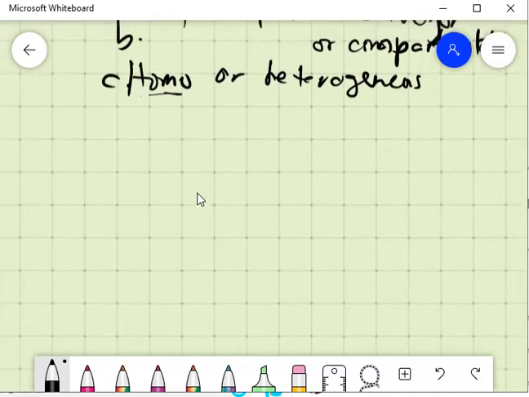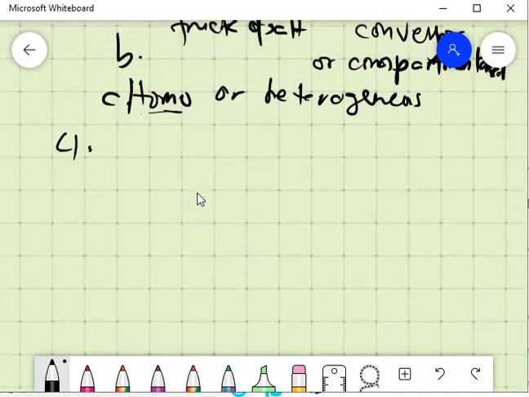Okay. So the next thing that has to be considered is the nature of the test procedure.